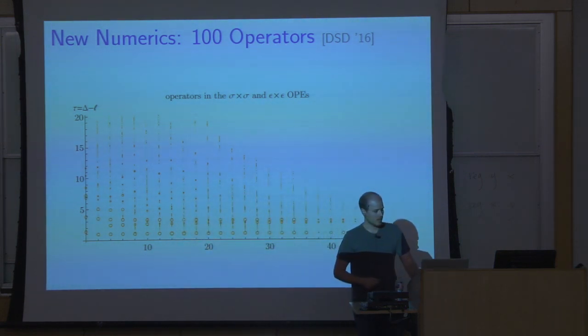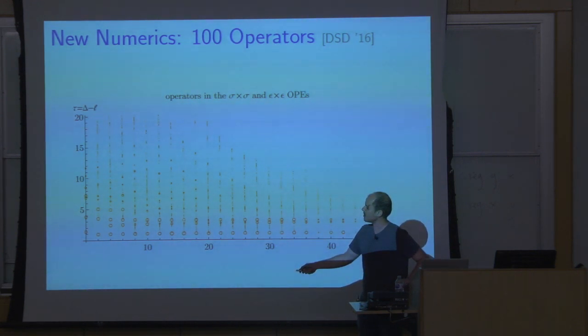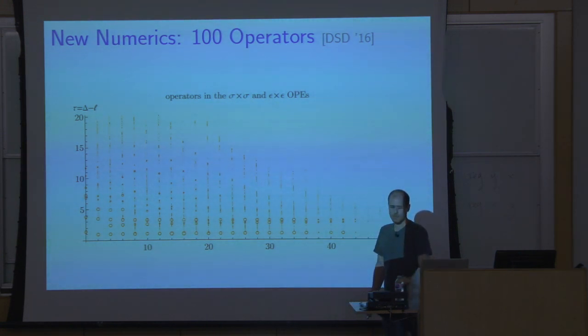Some of the structure actually has been understood using analytical techniques. There's an interesting series of operators, which are these lowest operators here. This is dimension minus spin. These are basically the lowest dimension operators with each spin, and they form a special class.